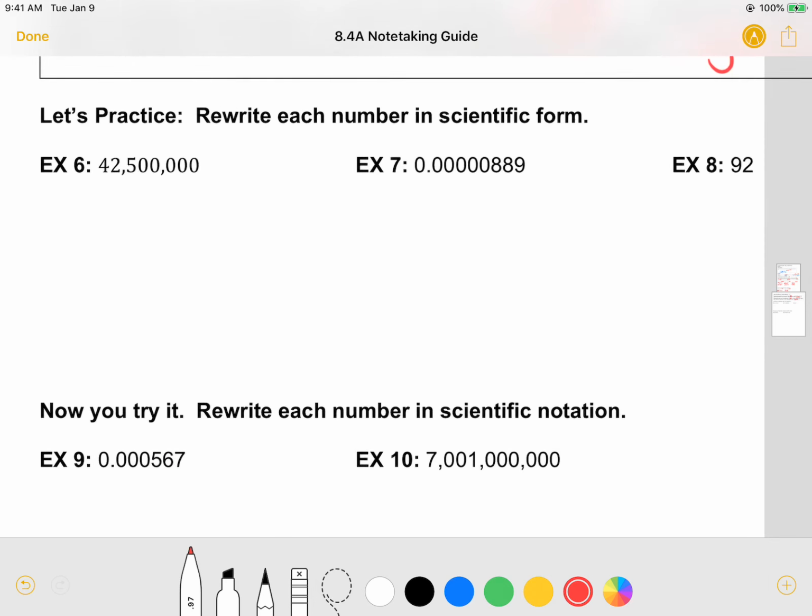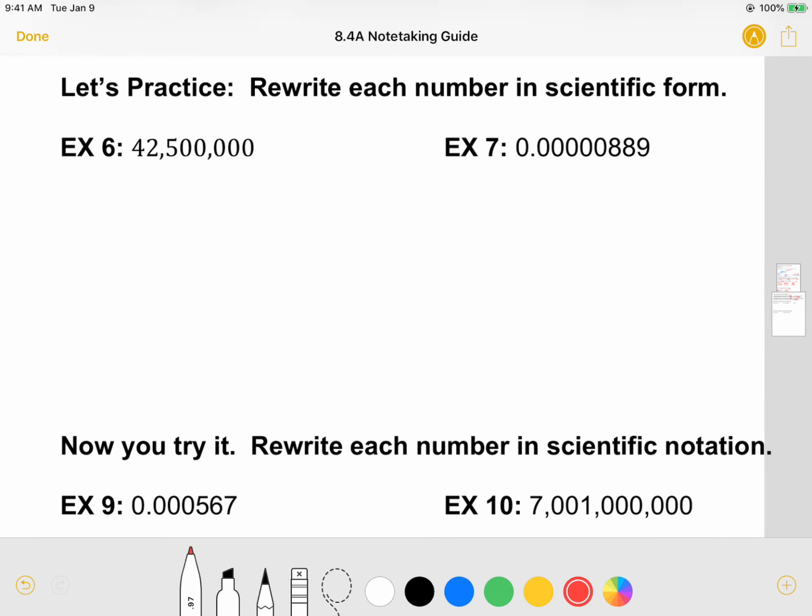All right, so let's practice this together. So we're going to take example 6 here, and we have the number 42,500,000. I know my decimal is right here, and I want to move that decimal so I have a number that is greater than or equal to 1.